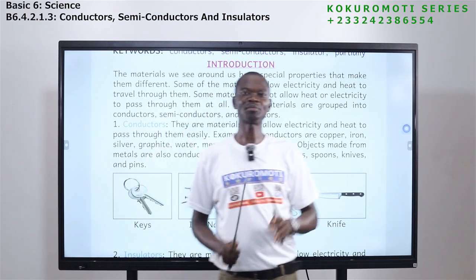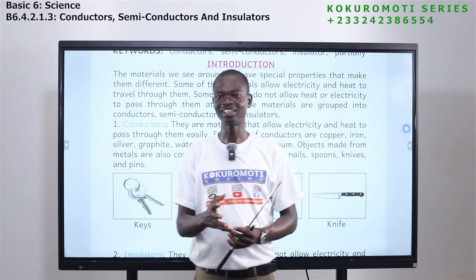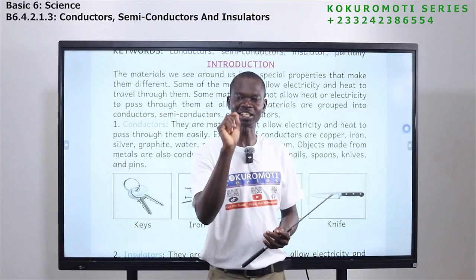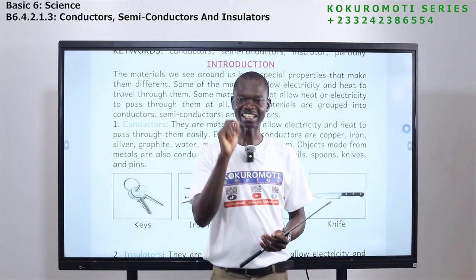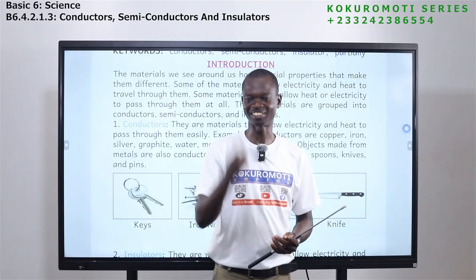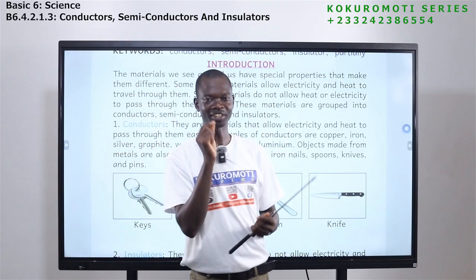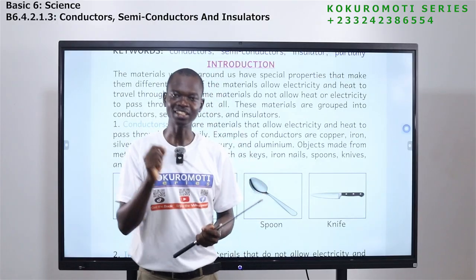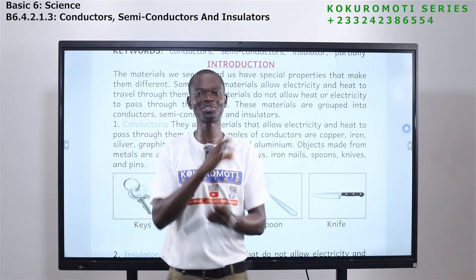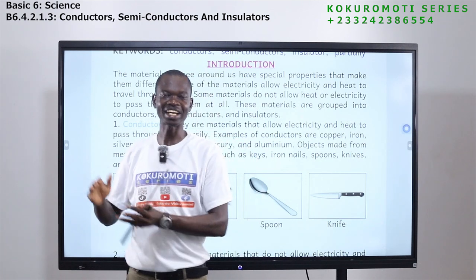Conductors, semiconductors, and insulators. Now, why do we have these 3 groups? You take each material and check it by heat and electricity. If electricity can freely flow through that material, it means that material is a conductor.